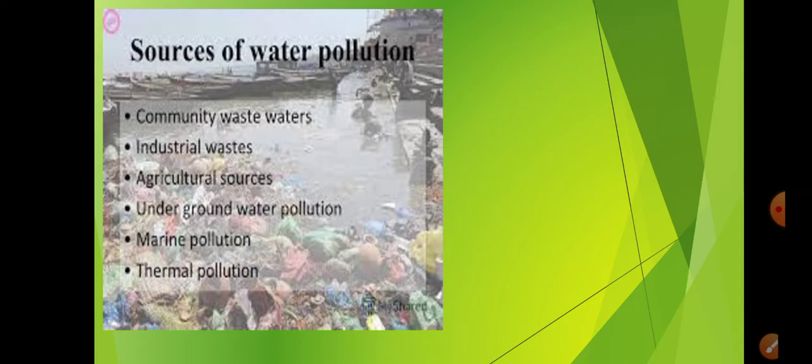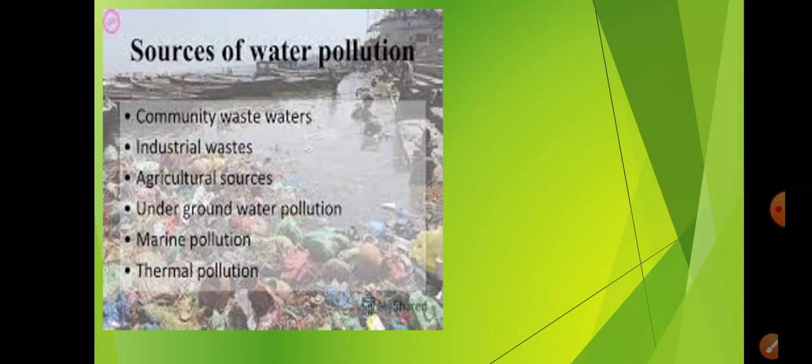The next one is thermal pollution. Now thermal, meaning related to temperature. So thermal pollution is happening because of factories and industries also. The water that is coming out from the factories, even after being treated, will be a little bit higher in temperature than the water body that is outside.